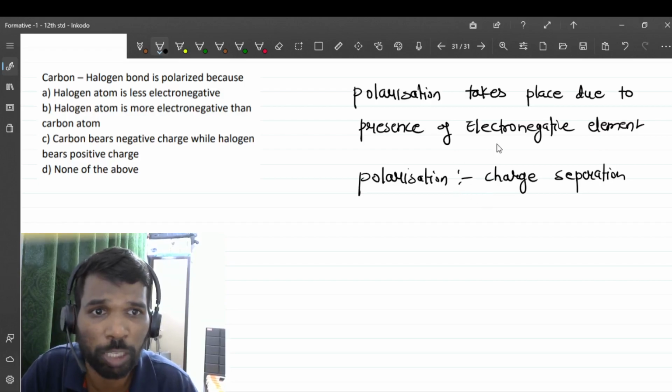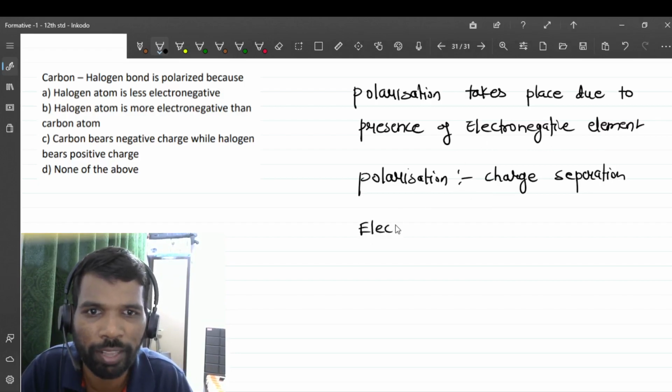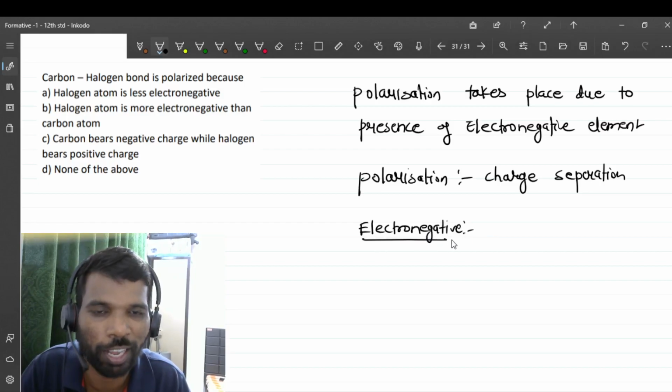So polarization takes place due to an electronegative element. What is an electronegative element? I am writing the definition of each and everything so that you can recollect what you have done in 11th standard.